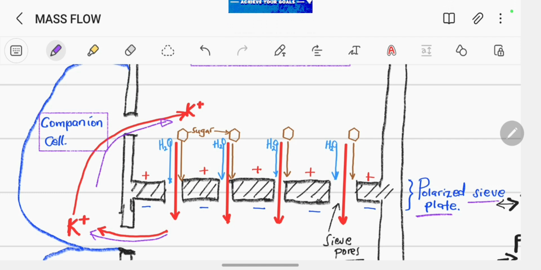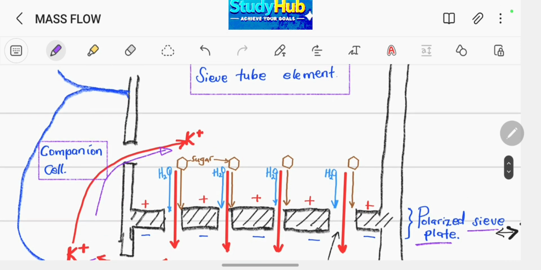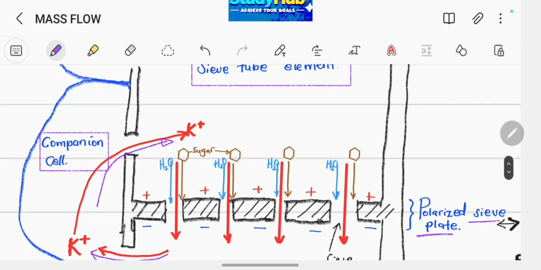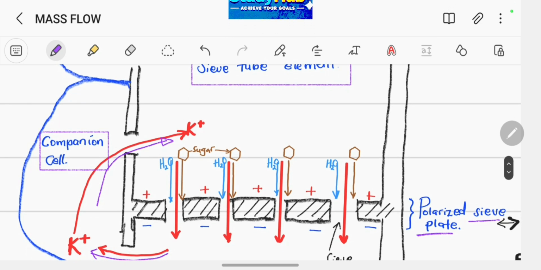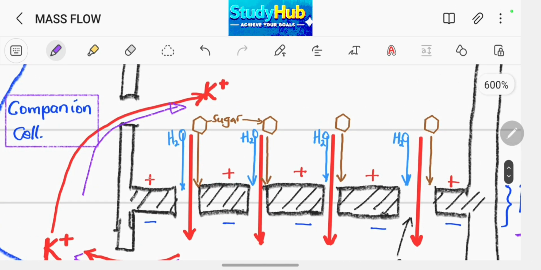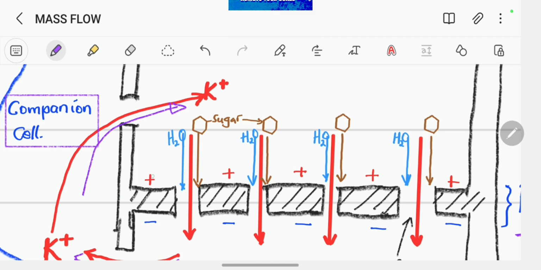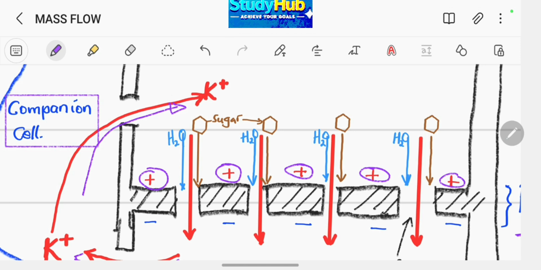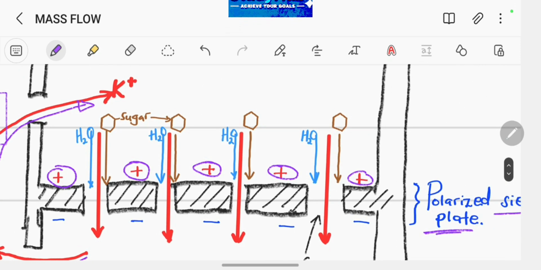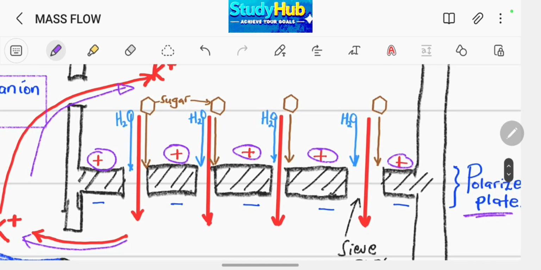As potassium ions accumulate within the upper sieve element, these potassium ions are positively charged. So they are going to cause a net increase in positive charges at the upper part. The positive charge increases at the upper part of the sieve plate, leaving the lower side negatively charged.